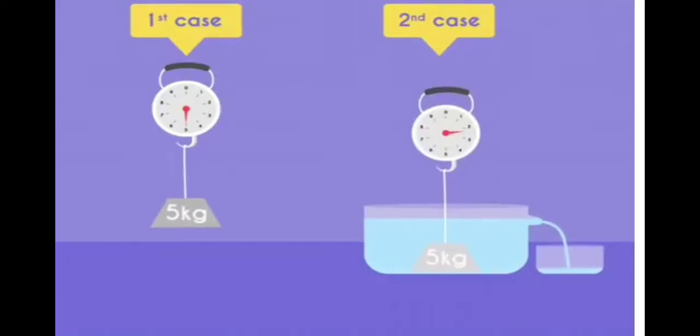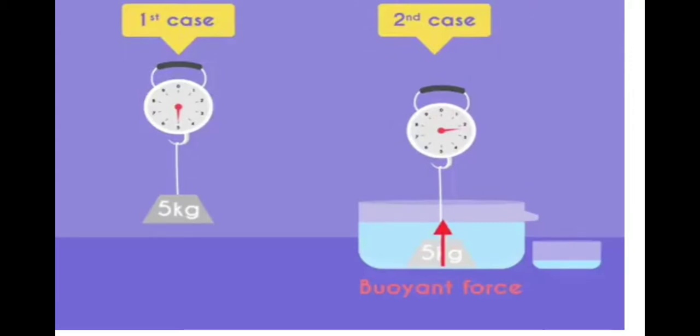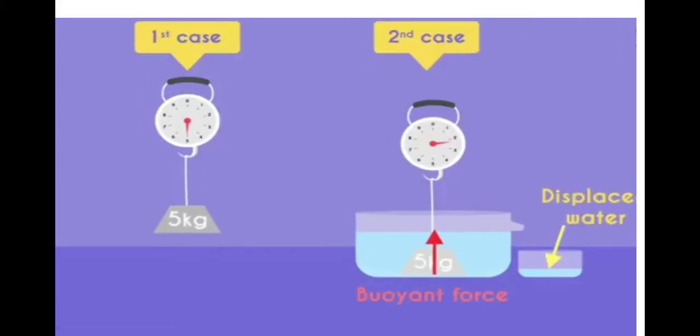The water in the beaker is filled right up to the opening, and we keep a small container under the opening. Now slowly lower the solid object into the water. You will see that the reading is a lower number compared to the previous case. Why is that? Because of the buoyant force acting on the object.